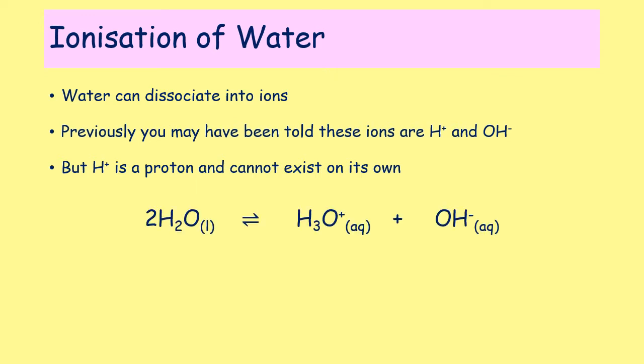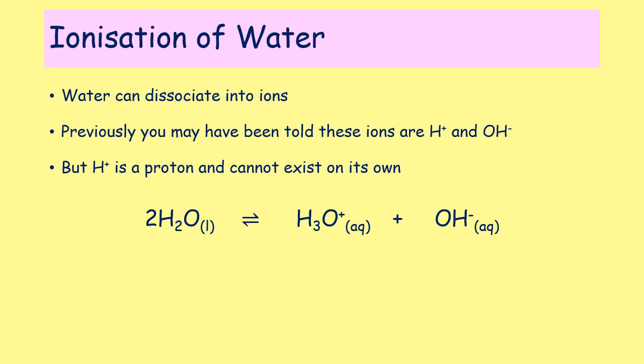So what ends up happening is two water molecules form an equilibrium where we end up with an H3O+ and an OH-. You can imagine that two water molecules form a hydrogen bond between the hydrogen of one water and the oxygen of another.